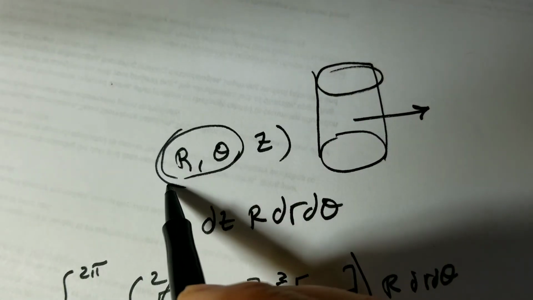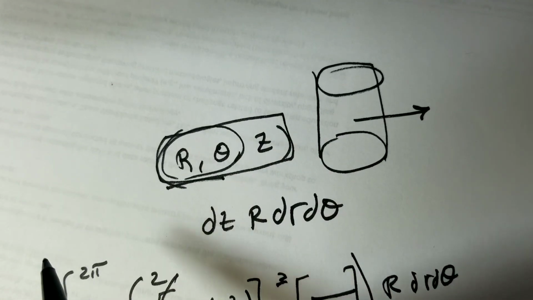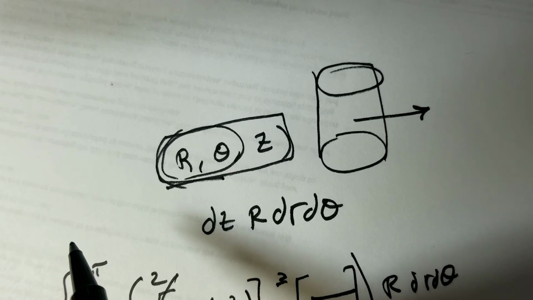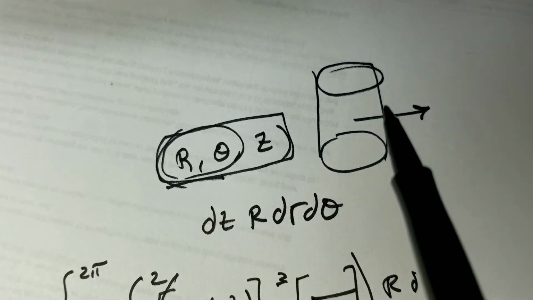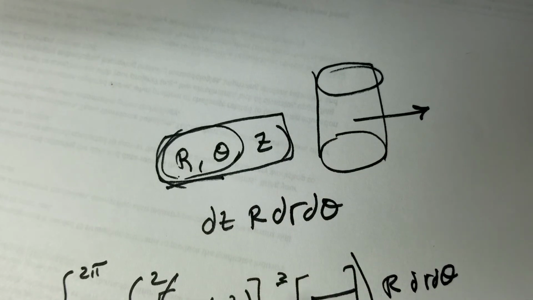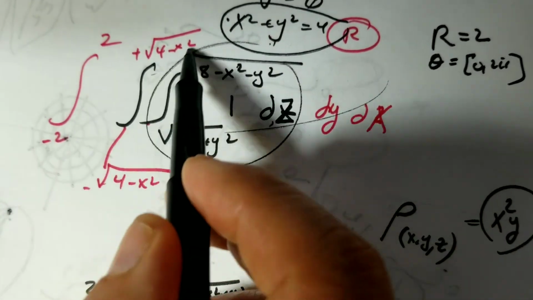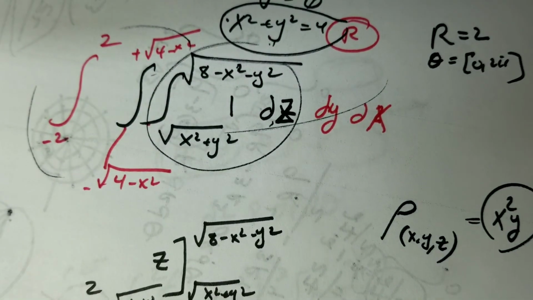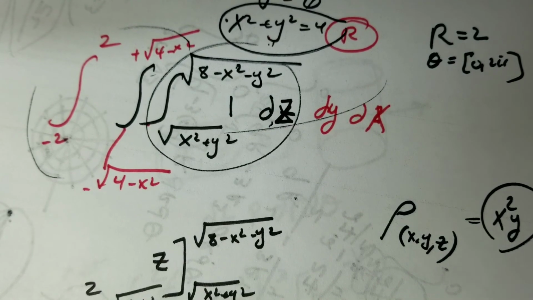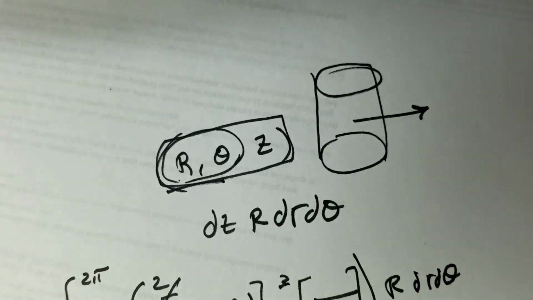And in maybe the next two videos, we're going to talk about cylindrical coordinates. Cylindrical coordinates are nothing except r, theta, and z, where you do not change the z. You keep the z as it is, but you can move the outside to r d theta. And that's exactly what we did here. Thank you. Have a great day.